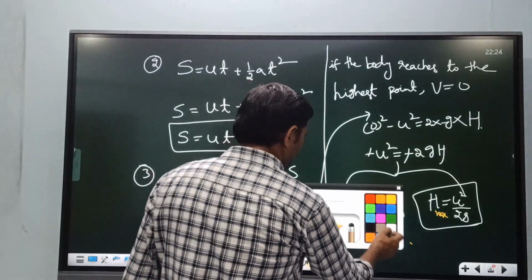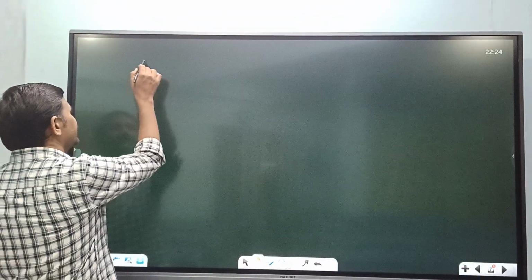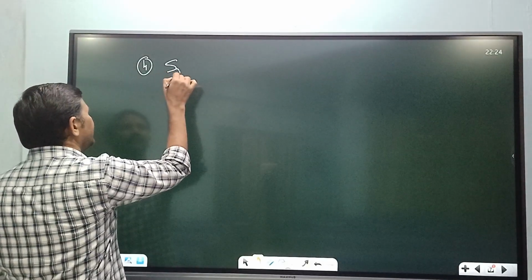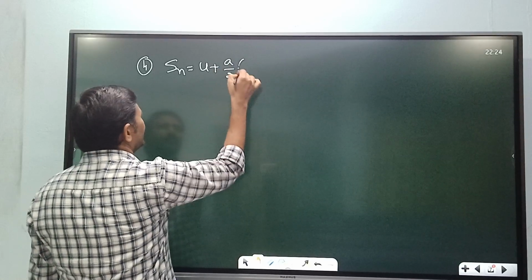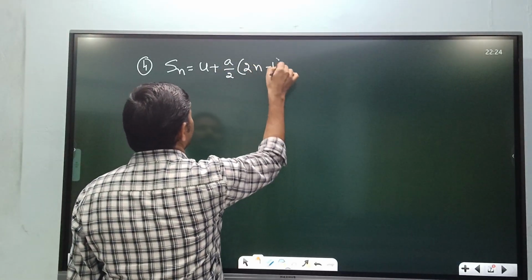Next, what is our fourth equation of motion? The fourth equation of motion is Sn is equal to u plus a by 2 into 2n minus 1.